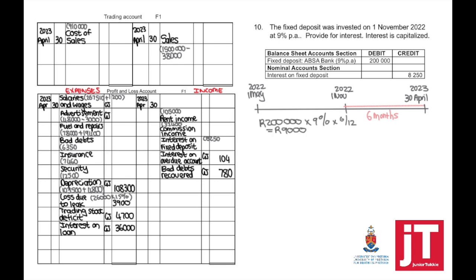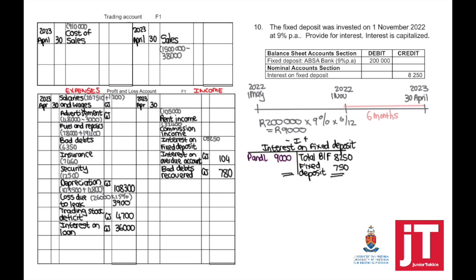We've invested 200,000 times 9% times 6 divided by 12, which means that my interest for this accounting period is supposed to be 9,000. But from the pre-adjustment trial balance, we have a total brought forward of 8,250. So if my interest is supposed to be 9,000, it means that 750 is still outstanding.